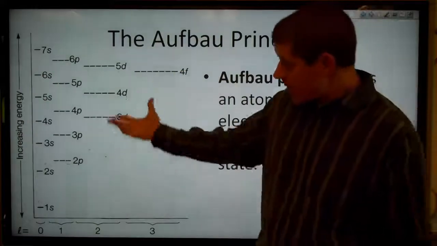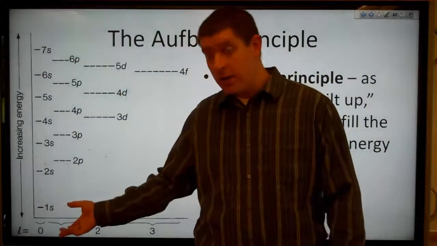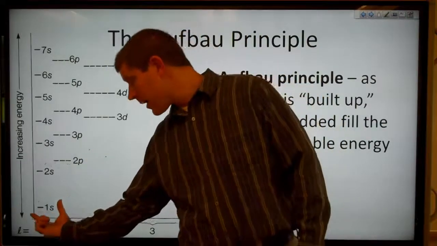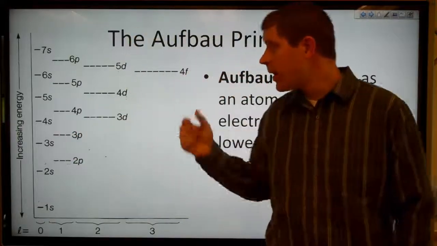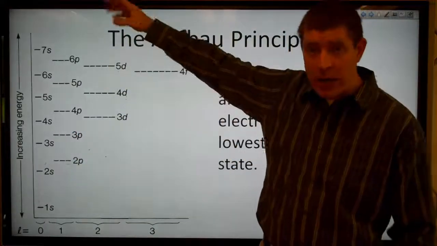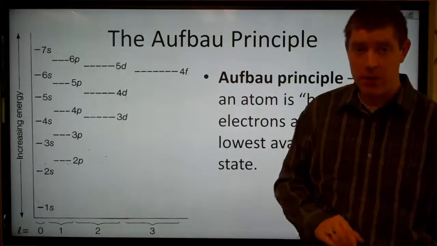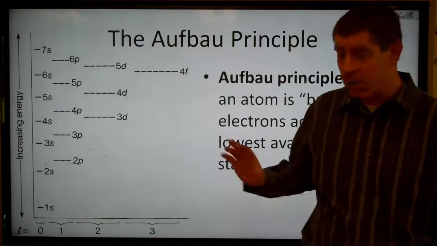So here we have an Aufbau diagram showing the various energy levels and orbitals in the atom. So we have the 1s, the 2s, the 2p, the 3s, 3p, 3d, and so on going up. Know that they continue up past what's shown here, but this is enough to show most elements on the periodic table.